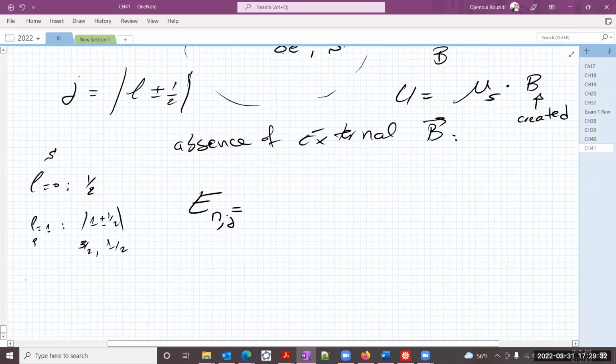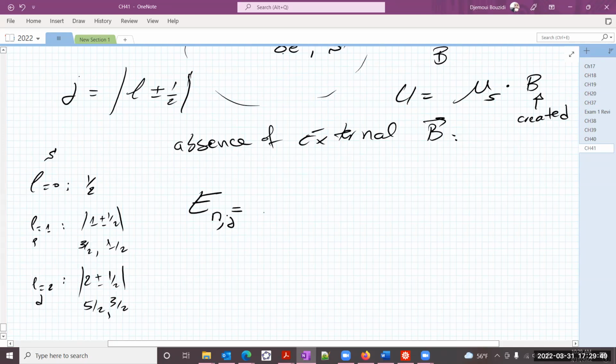Again, for L equals 2, namely the d orbitals, it's going to be 2 plus or minus 1/2, so 5/2 and 3/2, and so on and so forth. So each orbital will be broken down into two potential values.